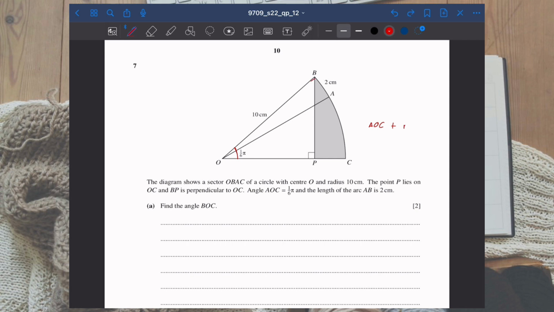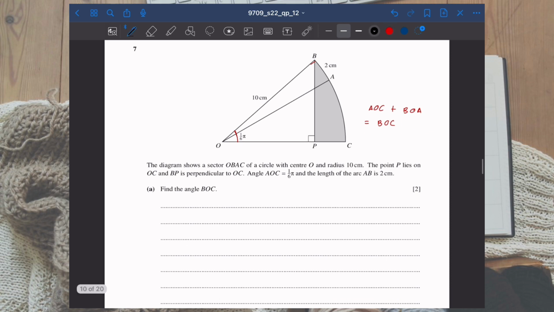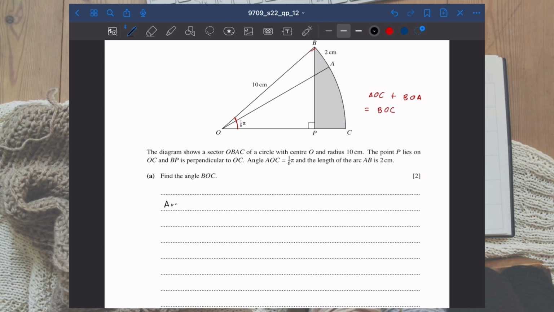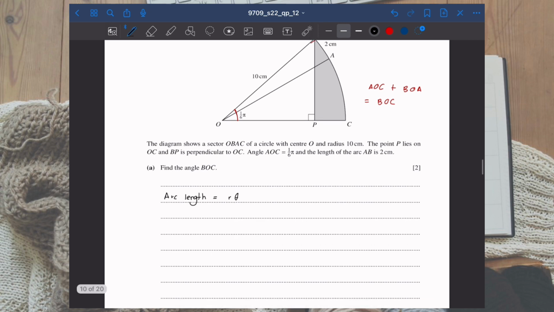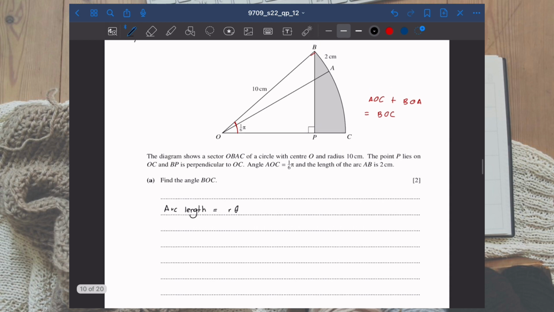So our angle BOC will be angle AOC plus angle BOA. That will be our angle BOC. So we already have our angle AOC, so we need to find the angle for BOA. We can use the formula arc length equals r theta. So our arc length is 2 centimeters, our radius is 10 centimeters, so times theta.